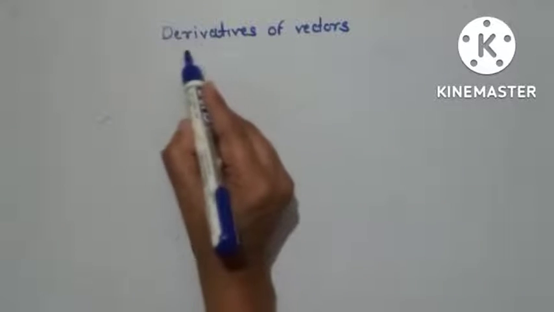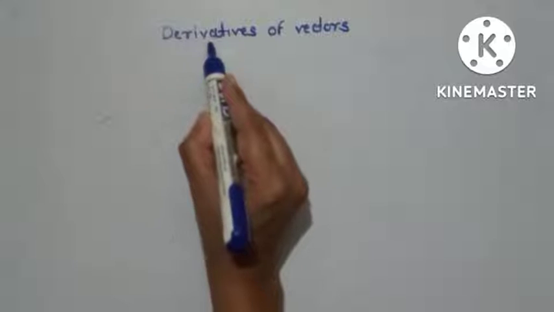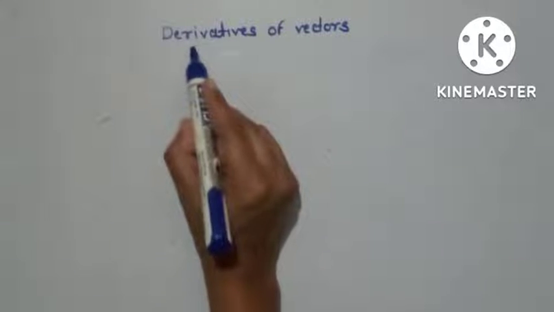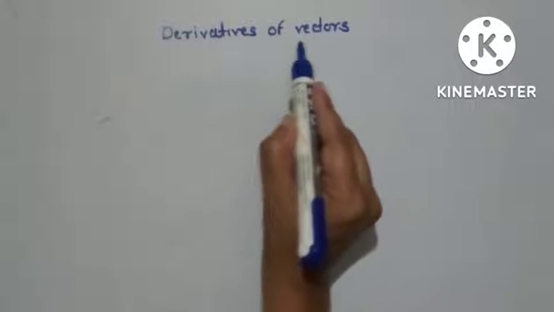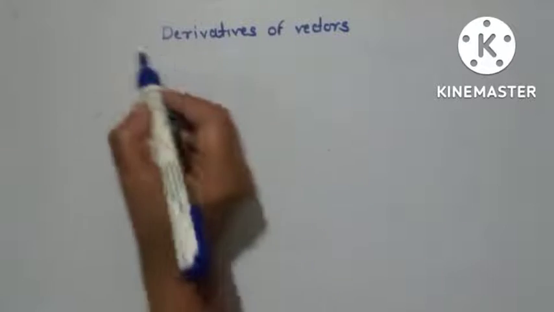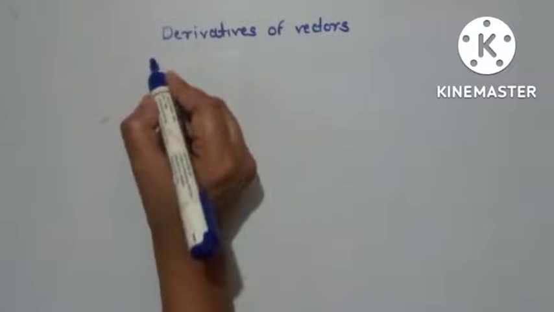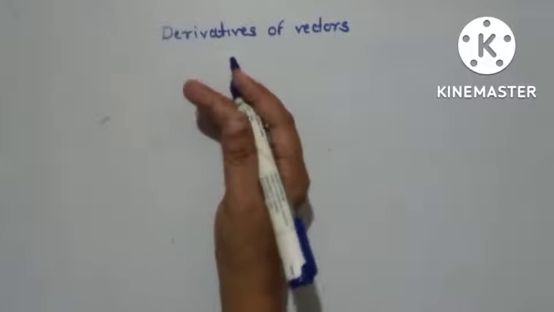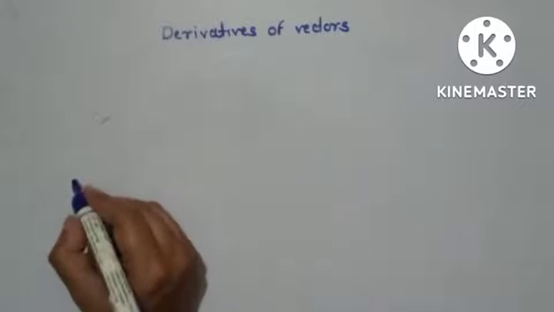So today we are going to start with a new topic of the unit vectors, which is the derivative of vectors. Derivative means, in physics, we know that there are many physical quantities which depend on another physical quantity.